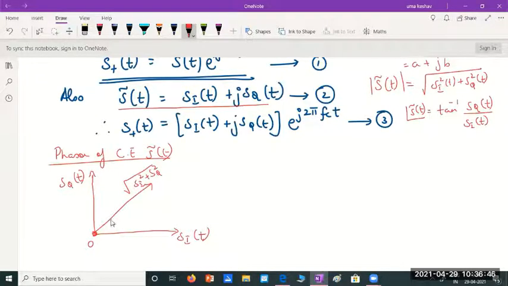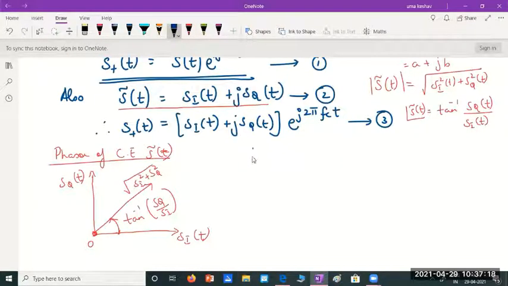The angle it makes with the horizontal is tan inverse s_Q by s_I. This gives me the phasor representation of the complex envelope s tilde of t. Any doubts? Is it clear?